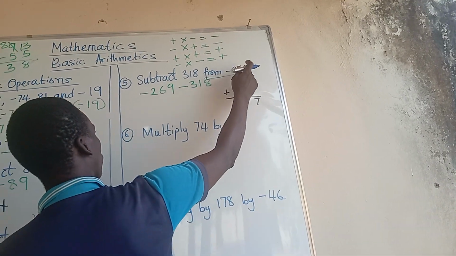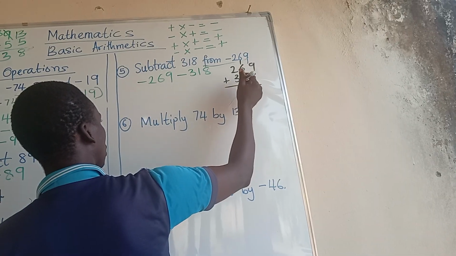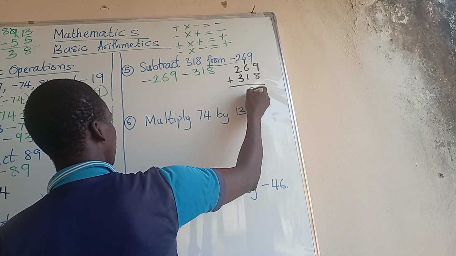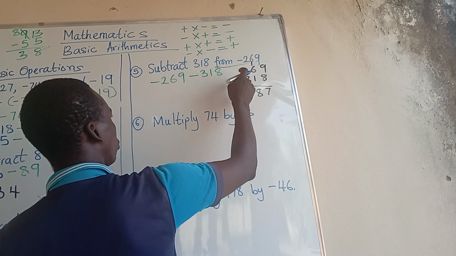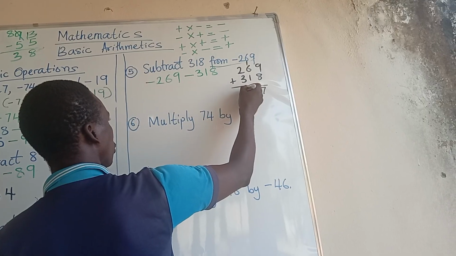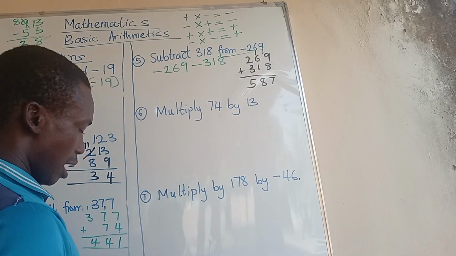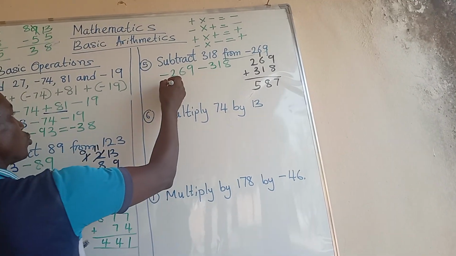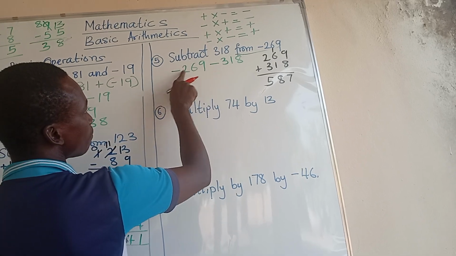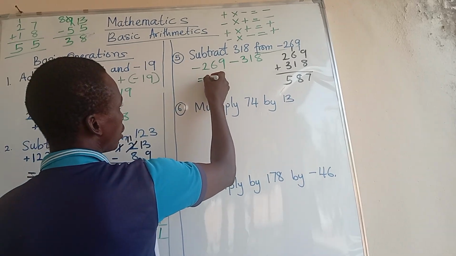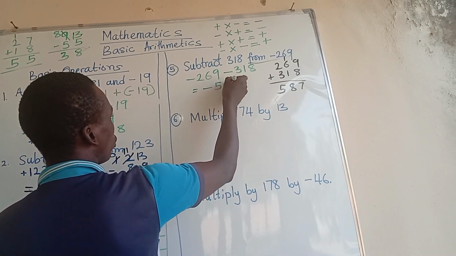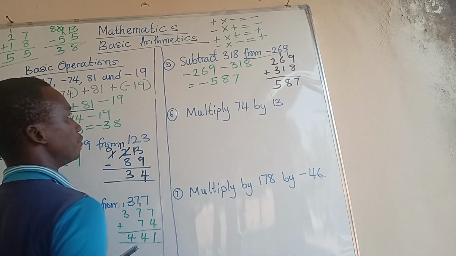Then here we are going to have 1 plus 6 plus 1, which is going to give us 8. And we are going to have 2 plus 3, which is going to give us 5. So our answer here is going to be, since they have minus minus, our final answer will be minus 587.